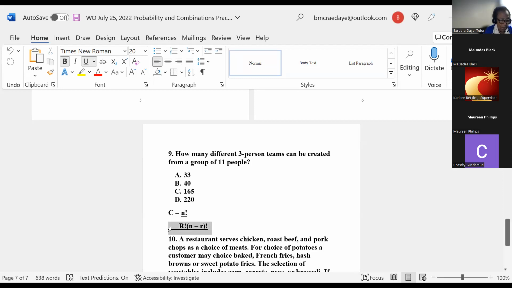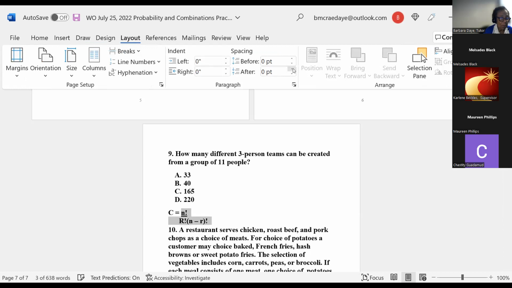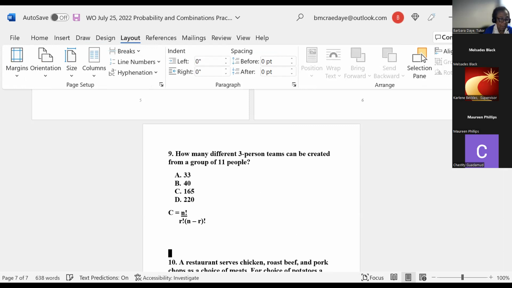All right, so let's take that out, that underline. Now, N is the total number, right? And the R is what we want to create. This is a small r, same r that's being subtracted. So what is the n here? That's the total, so the total is 11.